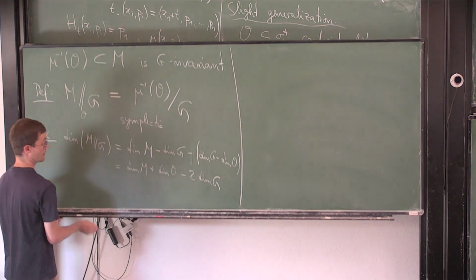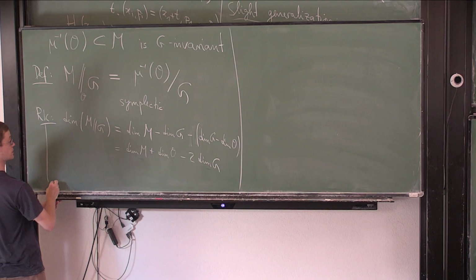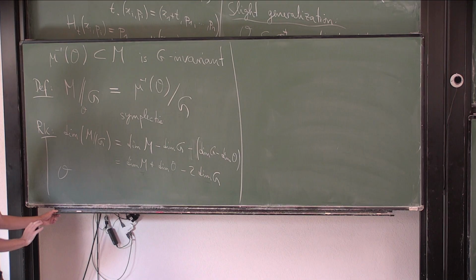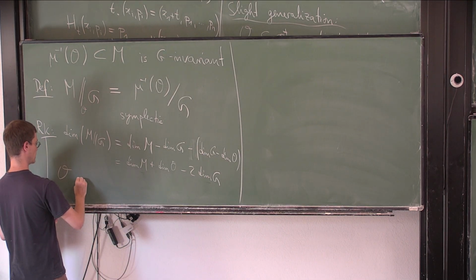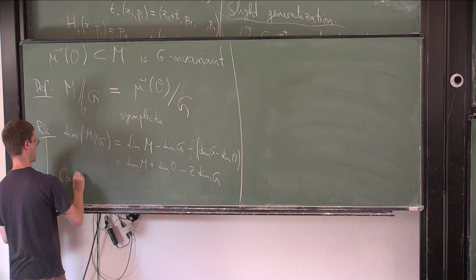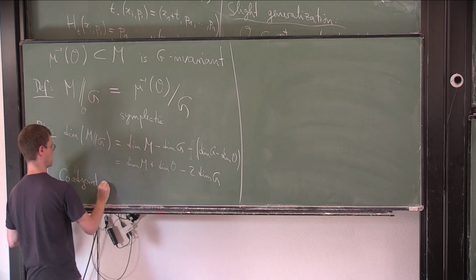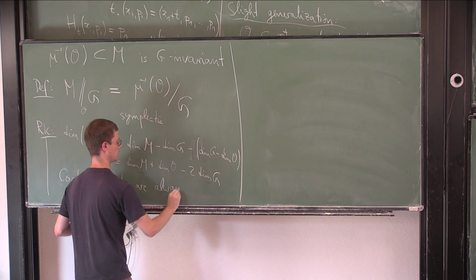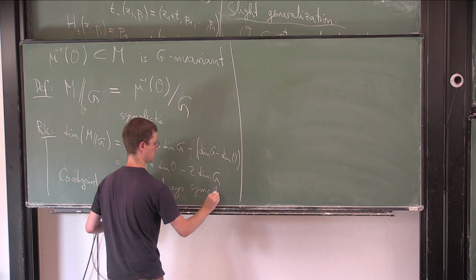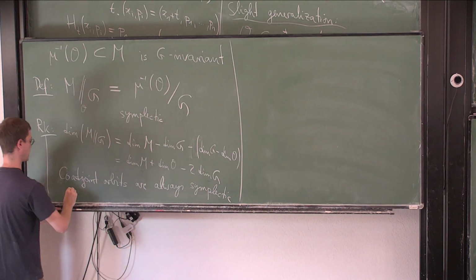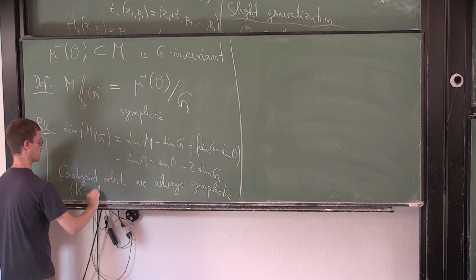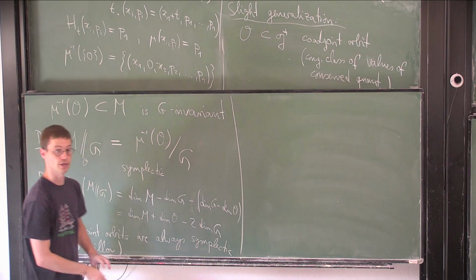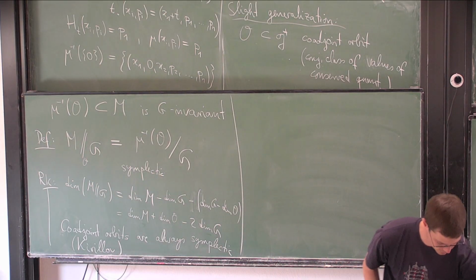The fact is, let's extend this remark, co-adjoint orbits are actually symplectic. This is something which is not completely obvious. Co-adjoint orbits are always symplectic. This is the Kirillov symplectic structure. If you want to know more about it, it's a very nice story, but I think it's not necessary.